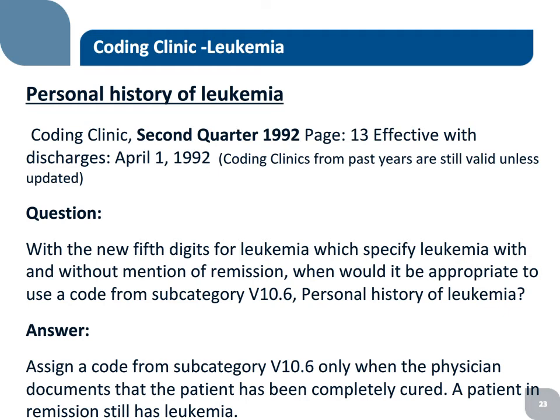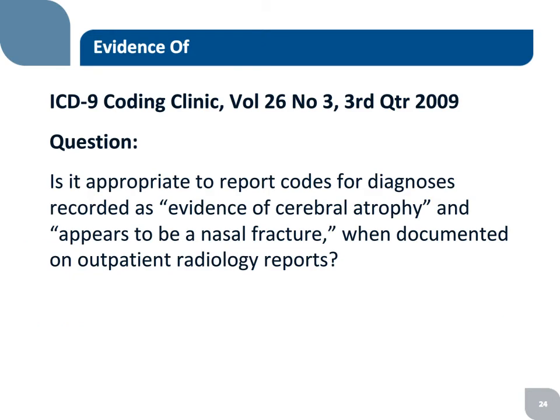I think in I-10 it's going to be a lot clearer. The other one is evidence of. So we know we don't code probable, suspected, consistent with, but here they're asking, can you code evidence of cerebral atrophy? And the main answer here is that the words appears to be, or consistent with, are part of the outpatient guidelines that state we cannot code any probable or suspected conditions.